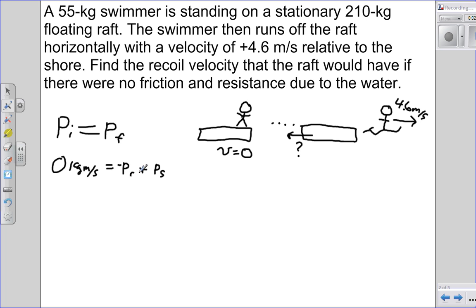Now those two momentums have to be equal to each other. If we add this momentum over to the other side, we end up with the momentum of the raft equals the momentum of the swimmer.